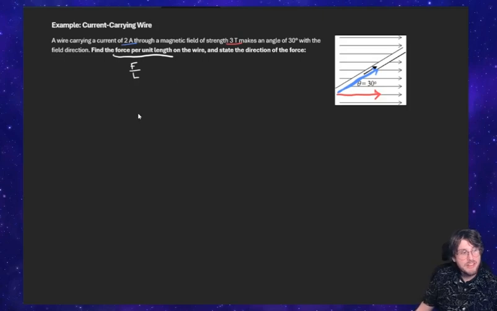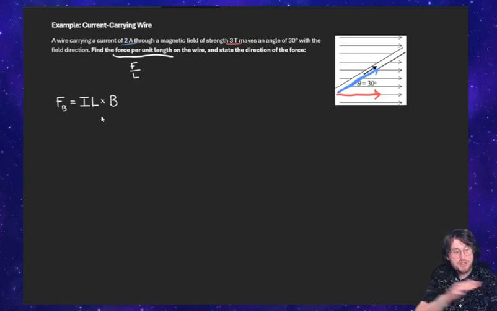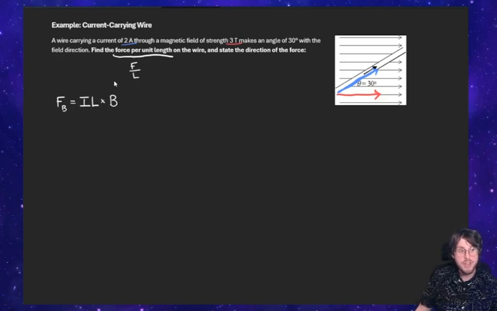Before I get to that, I'll write out our equation. We have the force on our wire is equal to the current times the length of the wire crossed with the magnetic field. Again, I and L are interchangeable as to which one is the direction. Here, because we're going to be dividing L over to get force per unit length, we'll assume that I is the one that is the vector.